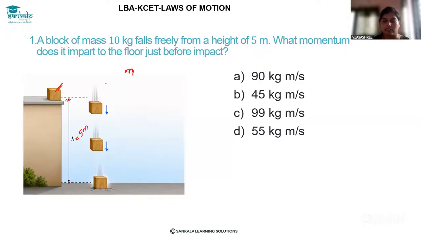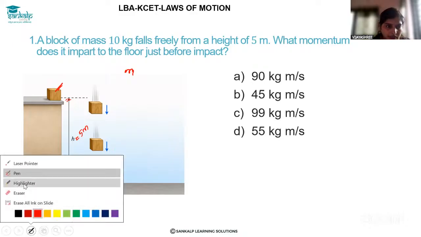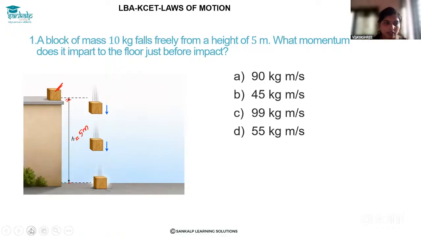Mass of block m, which is equal to 10 kg, and height h is equal to 5 meter, and acceleration due to gravity g is equal to 9.8 meter per second square.